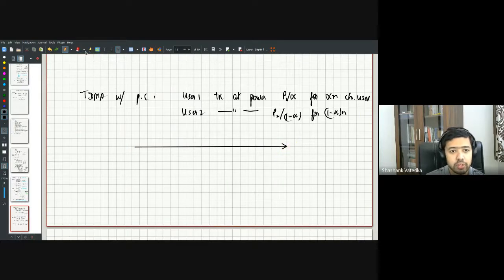So you have alpha n channel uses, and you will split this into two parts. Alpha n is called a 0.